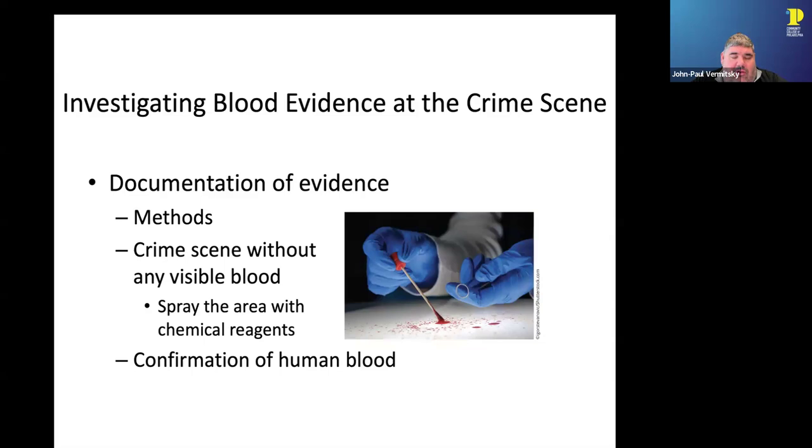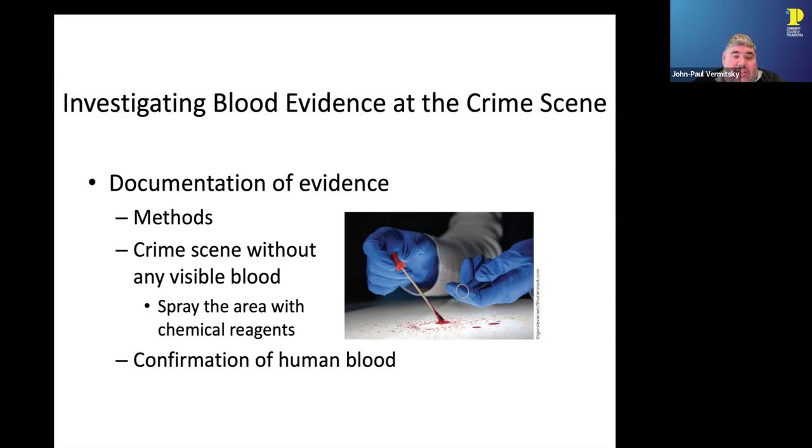For example, luminol is something that you can use where if you are looking in a room and you really don't see any blood per se, doesn't mean it's not there. It may have even been cleaned up, but there's still going to be traces. And what happens is if you use something like luminol, you can use a UV light and it will sort of light up areas where blood may have been.